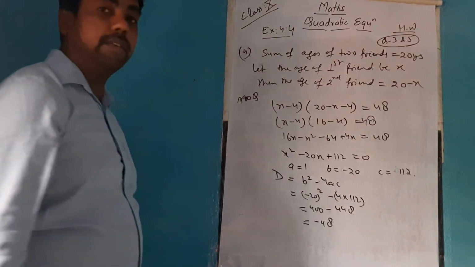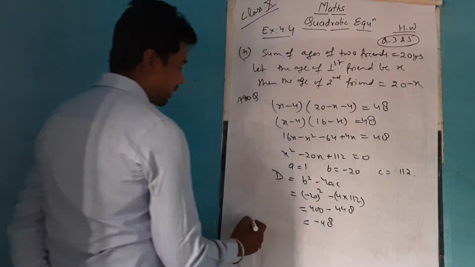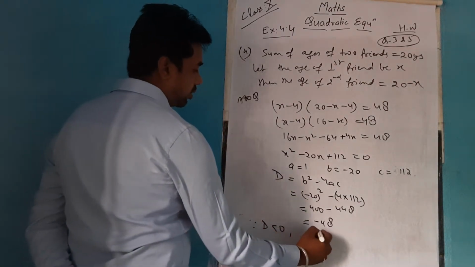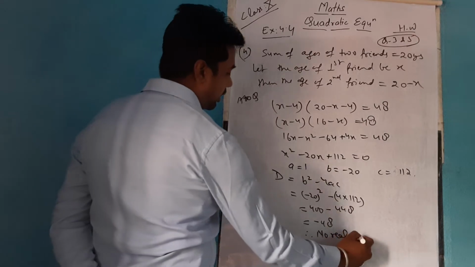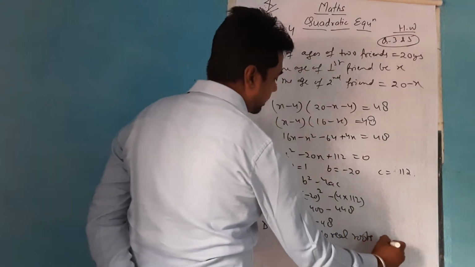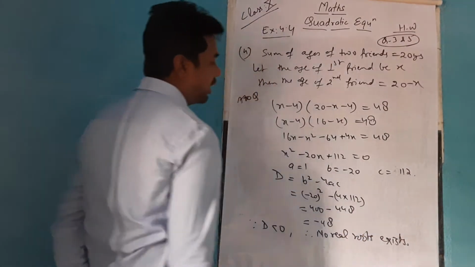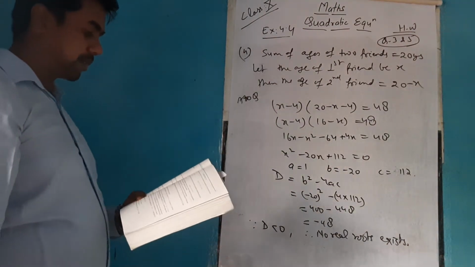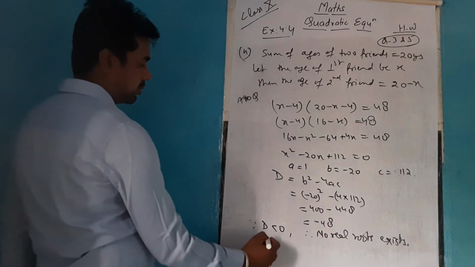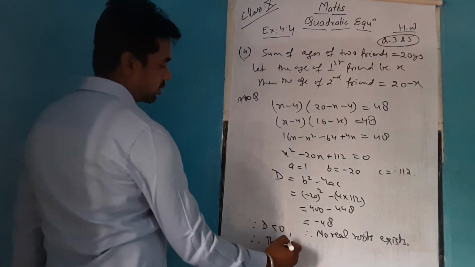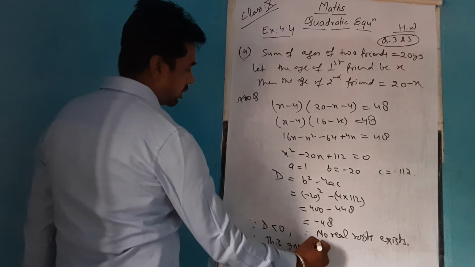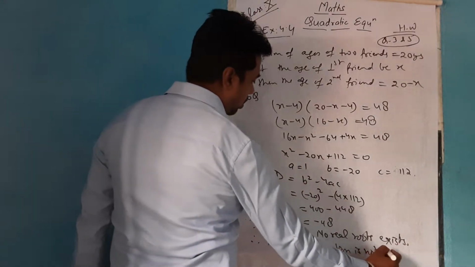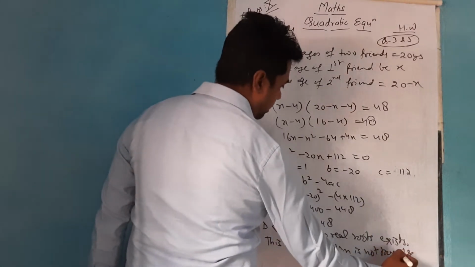As you see, the value of D is negative. We conclude that since D is less than 0, no real roots exist. You know that when the discriminant is negative, no real root exists. Therefore this given situation is not possible.